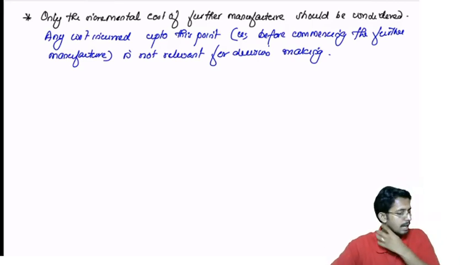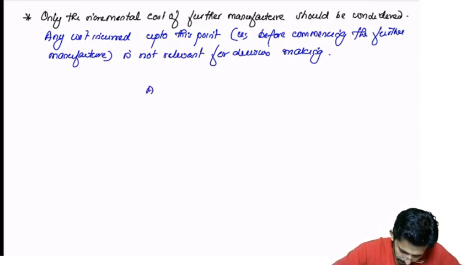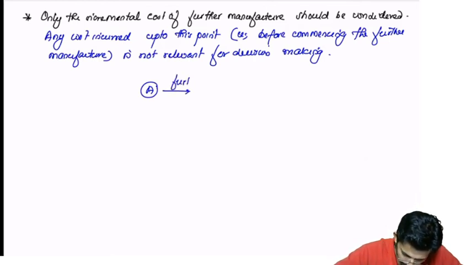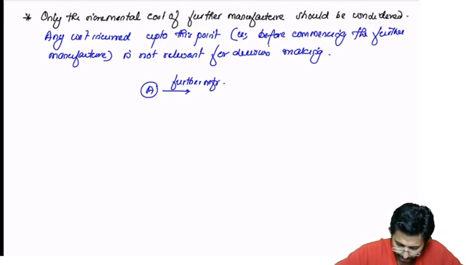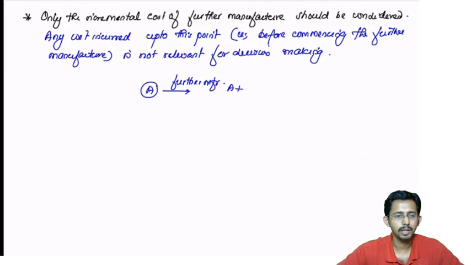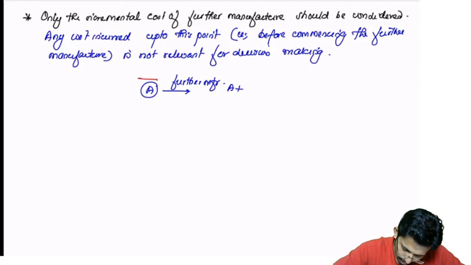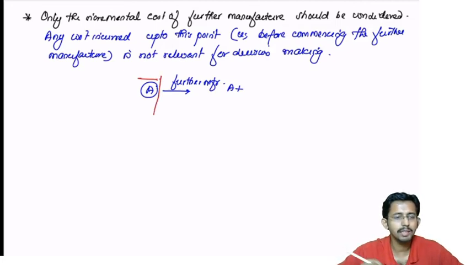Okay, so for example, there is one product A for which we are considering the option of further manufacture to convert it into a value added product of A plus.